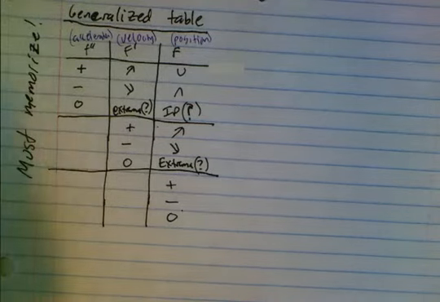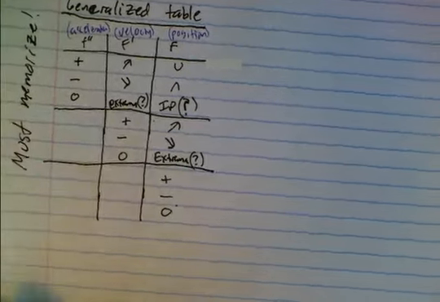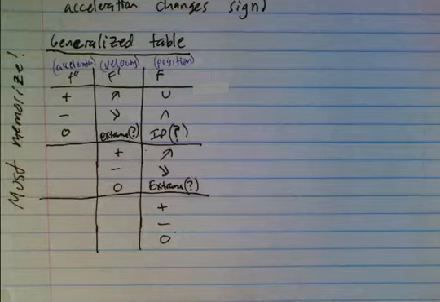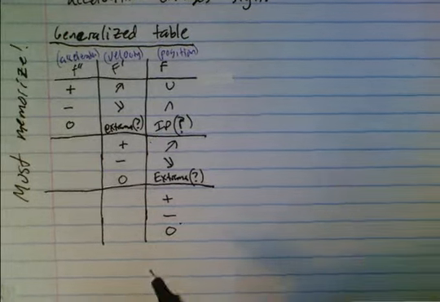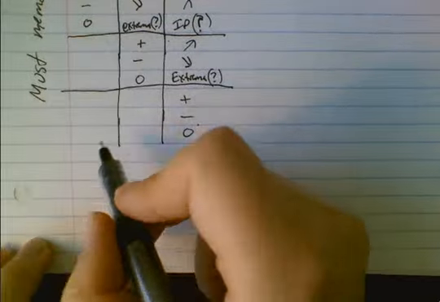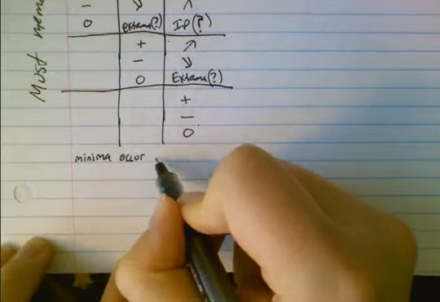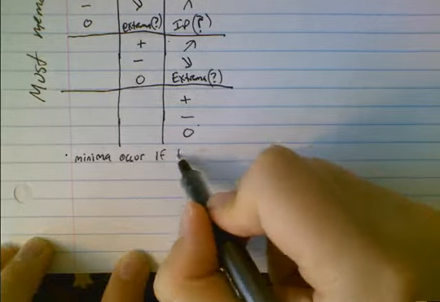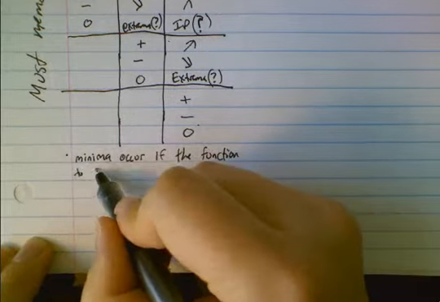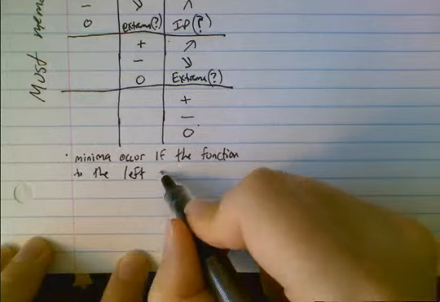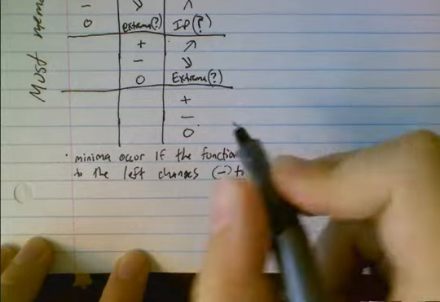I actually made myself a little card with it on it, just so that I would have it to refer back to as I was memorizing it. A couple of things to note. Leave yourself some room over here. We're going to add something else in here. But minima occur if the function to the left changes negative to positive.